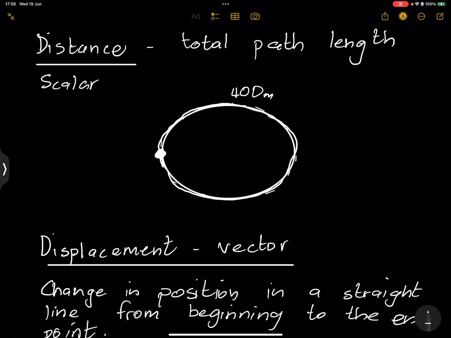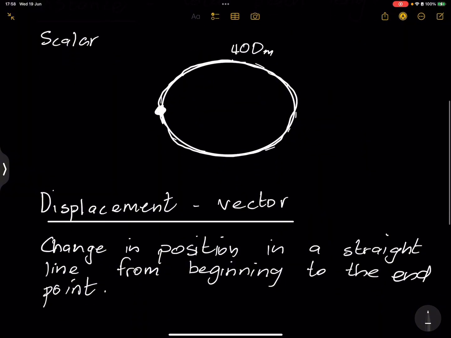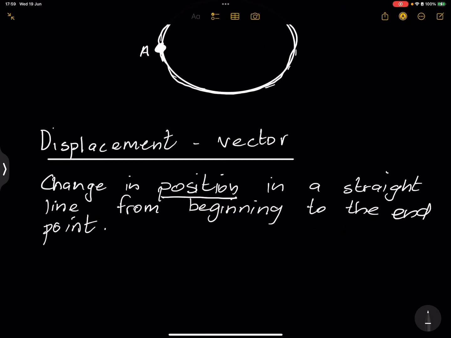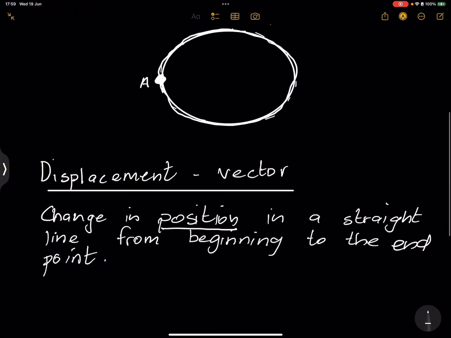So in terms of distance, I would have traveled 400 meters, but did I change position? You'll note, if I started from A and I ended up at A, there was no change in position. So in this case, it would mean that my displacement would be 0.